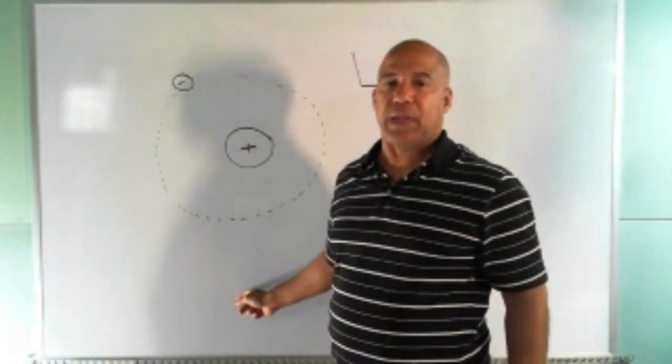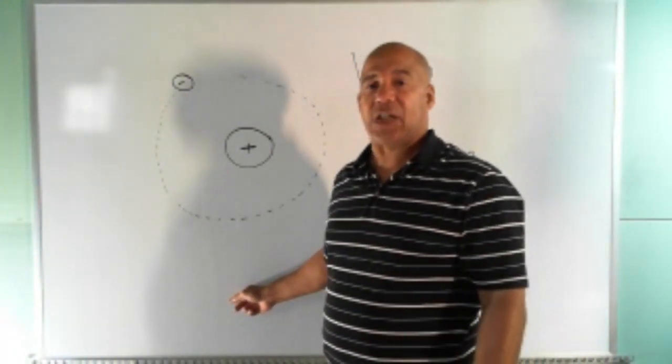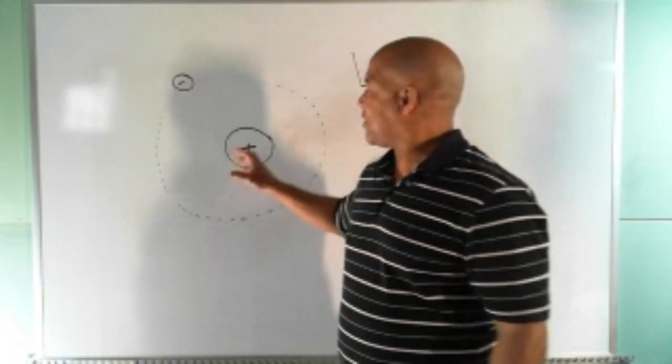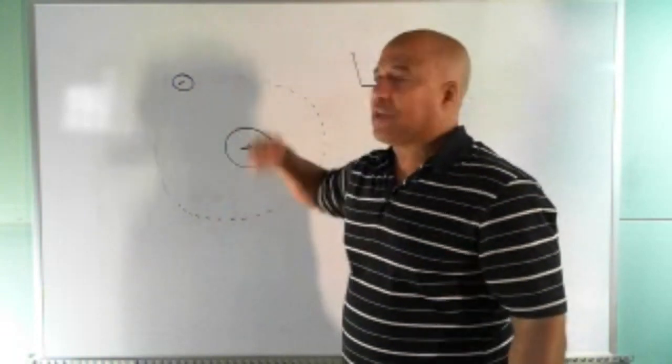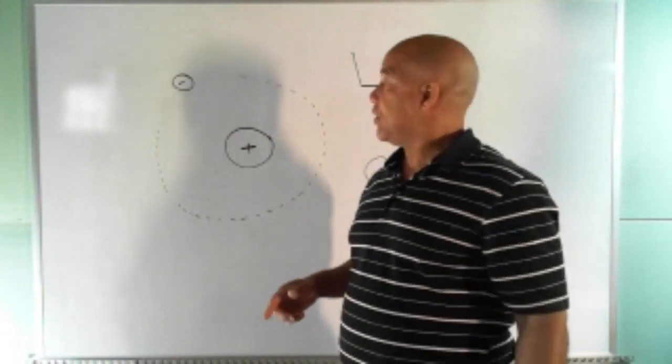We talked about the speed of light in our last class, 186,000 miles per second. And so I have such a tiny thing moving so fast that we can say that the electron is actually everywhere at once. It's moving so fast.